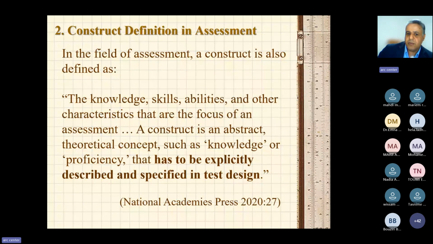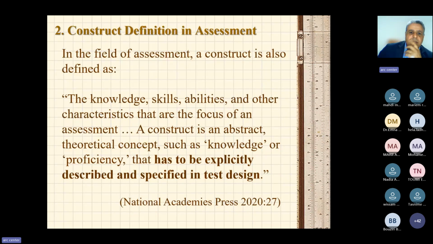This definition is quite important because it gives us some of the characteristics of a construct. So when we say vocabulary knowledge, it is abstract. It is a theoretical concept. So we cannot observe that. We can only make an inference about what the learner achieved in terms of that kind of knowledge or ability.